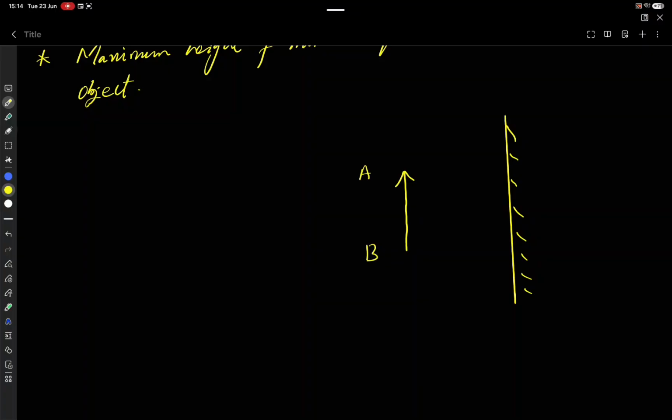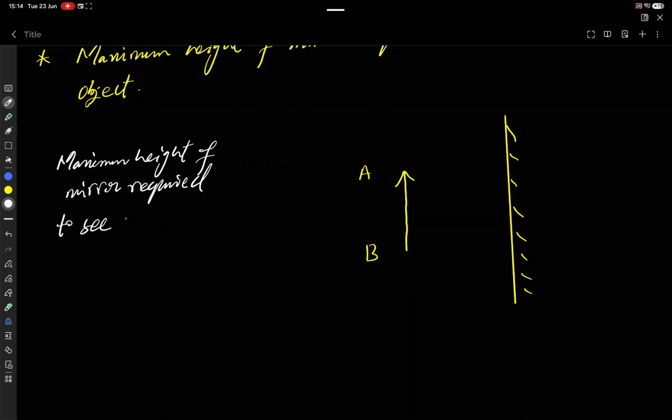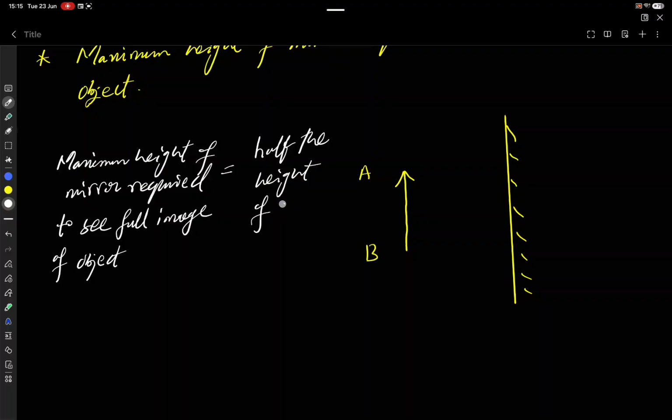That is the formula we need. The maximum height of mirror required to see the full image of an object is equal to half the height of the object.